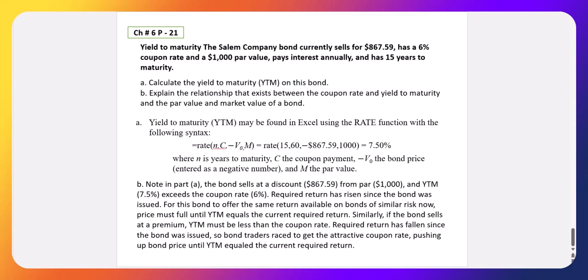The required return has risen since the bond was issued. For this bond to offer the same return available on bonds of similar risk now, the price must fall until the yield to maturity equals the current required return.